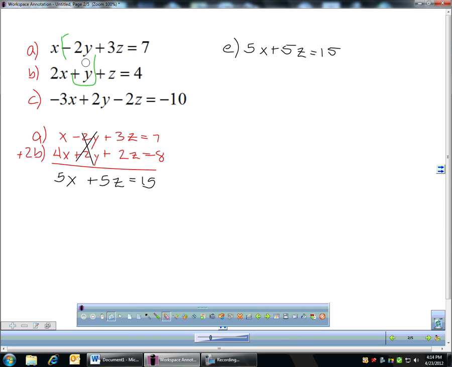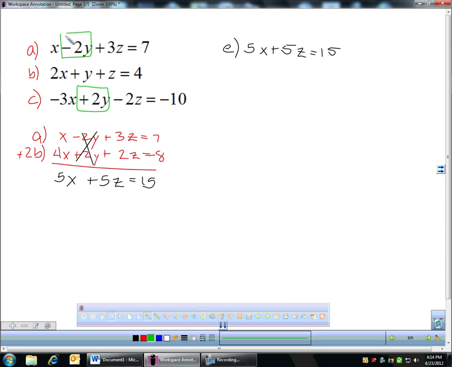So now I want to eliminate a y in a different way. One way I can eliminate y's, if you look at equations A and C, is that I have a negative 2y and a positive 2y. Those are ready to cancel already, so I don't have to multiply or anything.